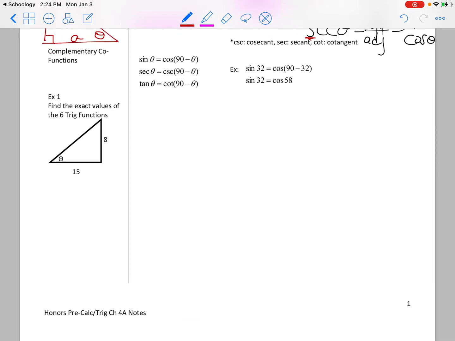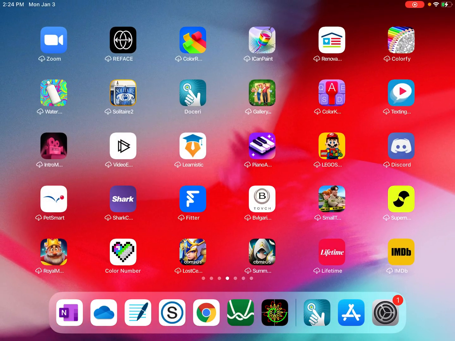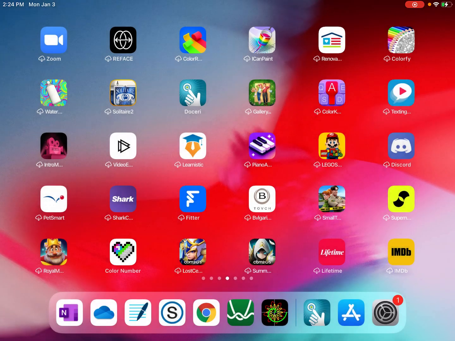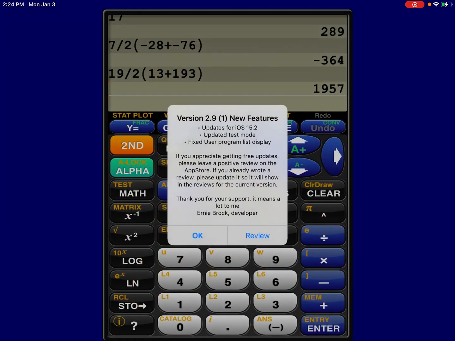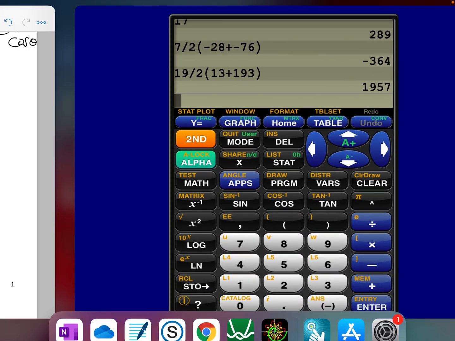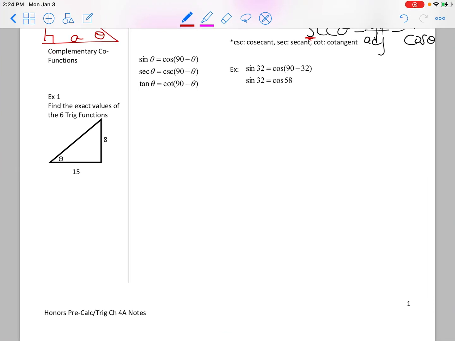All right. So let's find the exact values of these 6 trig functions. First of all, hold on, I've got to get my calculator out. There we go.